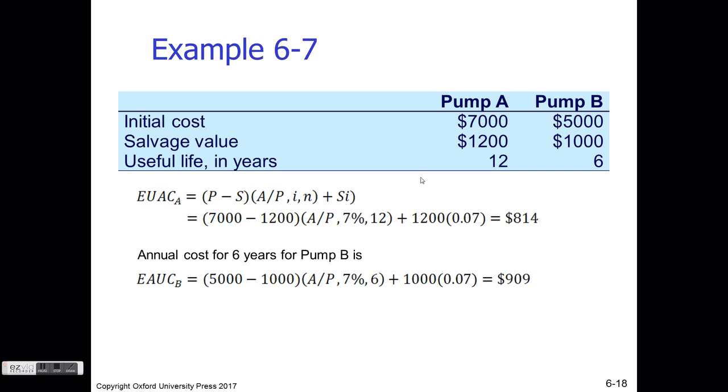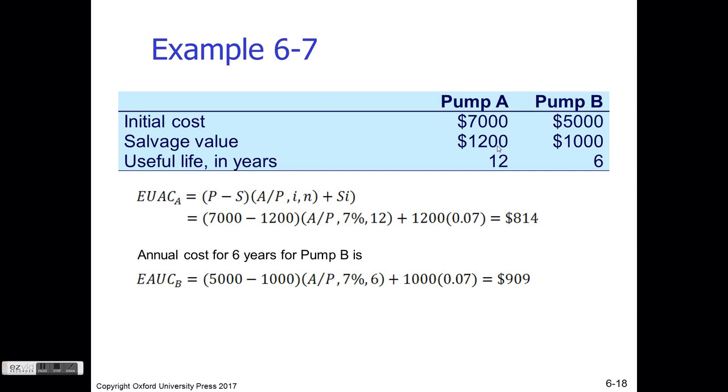So it doesn't matter. What you can do is use this formula. But again, as I told you, do it in the simple way. So you will have your initial cost, which is going to be P. So you move $7,000 from P to A. You already know the formula for an interest of 7% in 12 years. And then you will have $1,200, which will be at year 12 because it's the salvage value.